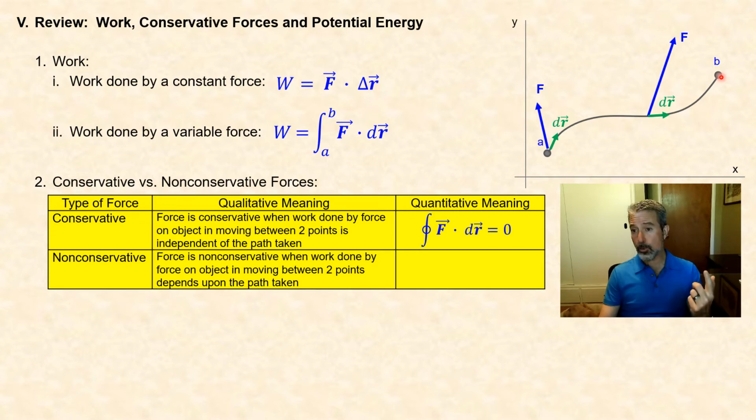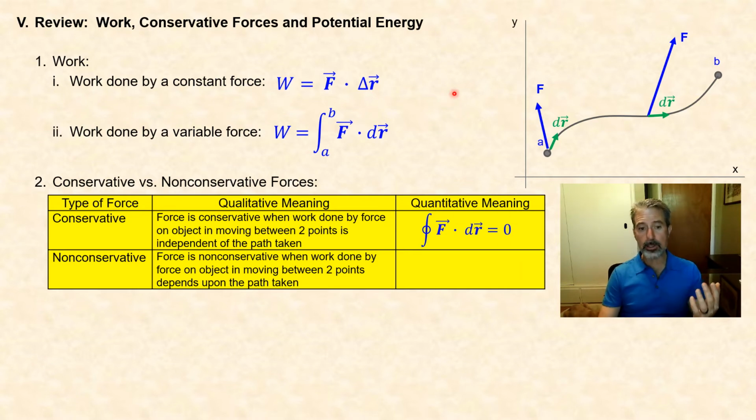Then we can say that if the force is conservative, when you go in the reverse direction, that is, you take any path from B back to A, then that amount of work will be exactly opposite the amount of work done from A to B. In which case, when you add up the work in going from A to B plus the work in going from B back to A, now you're getting the work done over a closed path, and those two work terms will cancel, in which case the work done over that closed path is 0. So hopefully you can see why this is an equivalent statement here.